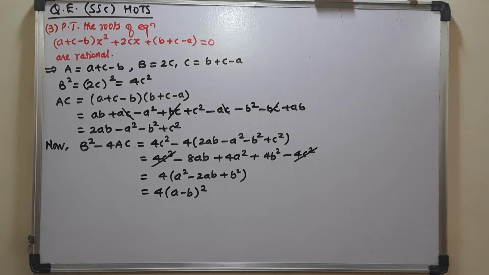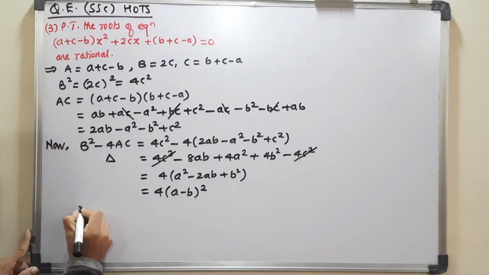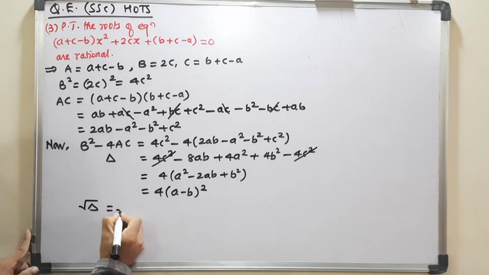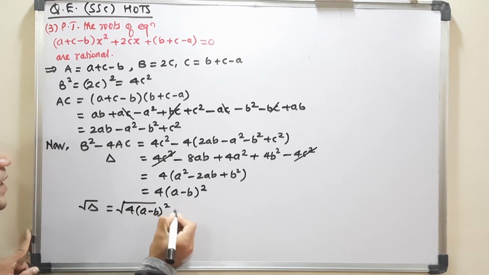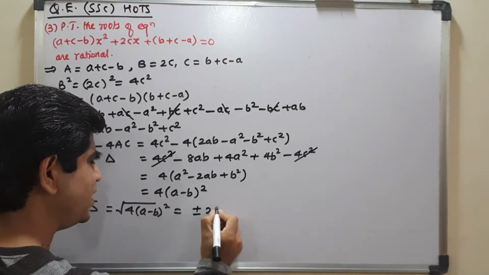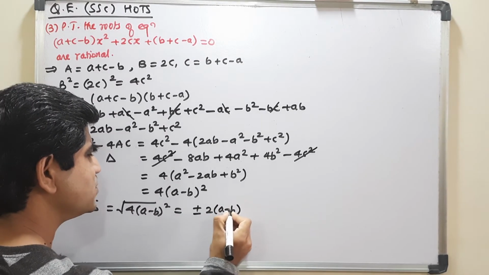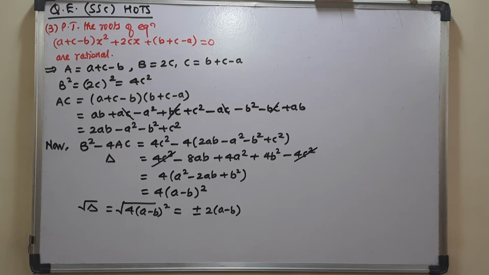If this is called delta, then under root delta will be under root 4 into A minus B the whole square, which will be nothing but plus minus 2 into bracket A minus B. So in short, the radical sign which was there has vanished and you got a number.